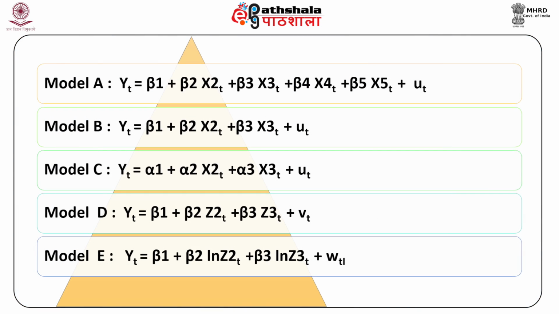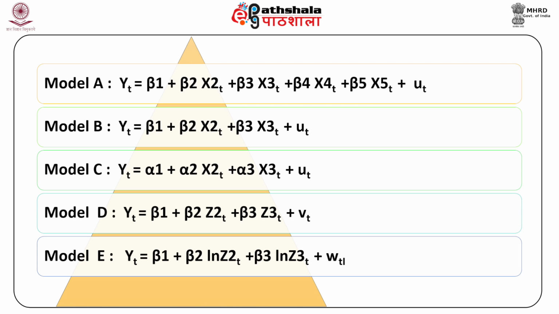Model A: yt is equal to beta 1 plus beta 2 x2t plus beta 3 x3t plus beta 4 x4t plus beta 5 x5t plus mu t. Model B: yt is equal to beta 1 plus beta 2 x2t plus beta 3 x3t plus mu t.